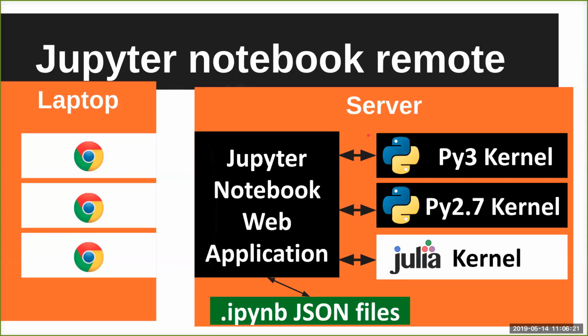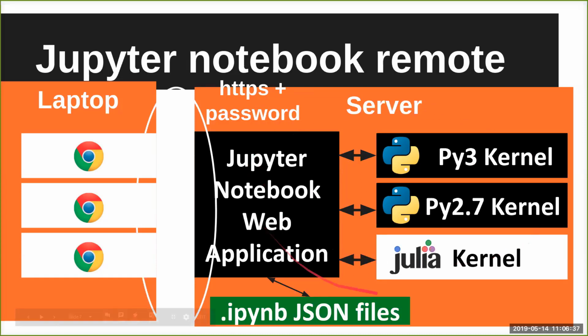If you imagine that this server is a Comet computing node, we are going to submit a job through our scheduler for a certain amount of hours, and this process is going to get this computing node for a few hours, and on that we are running Jupyter Lab or the Jupyter Notebook.